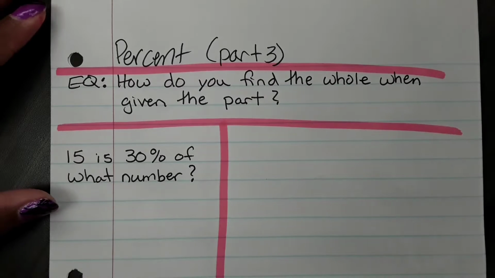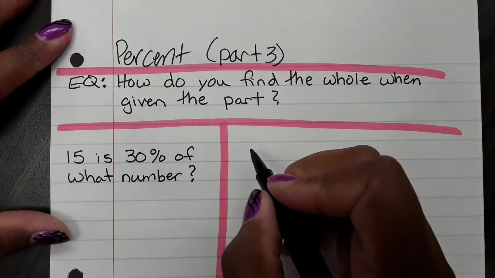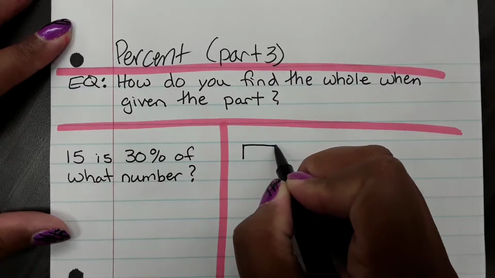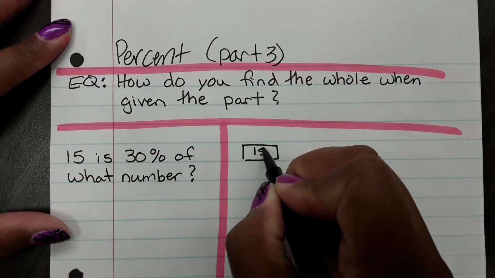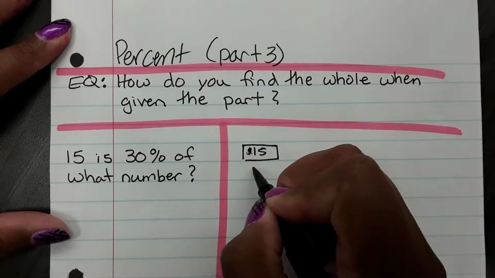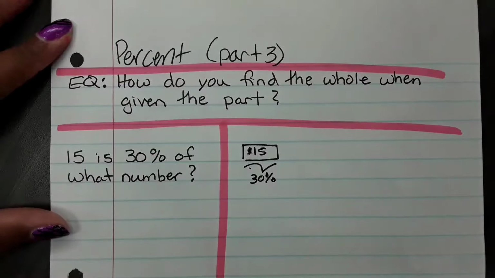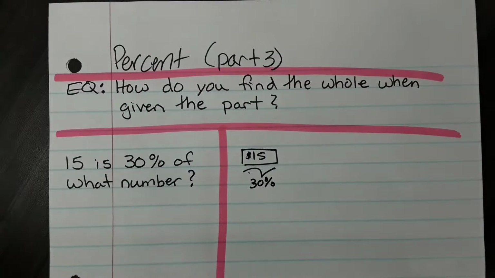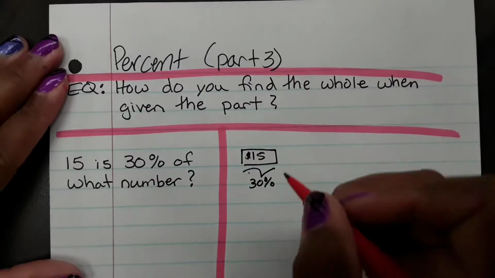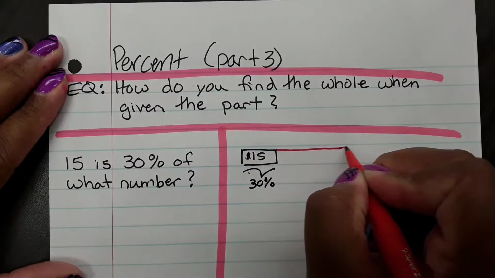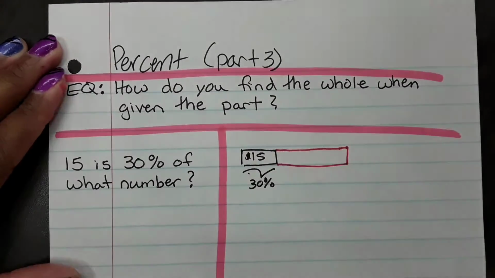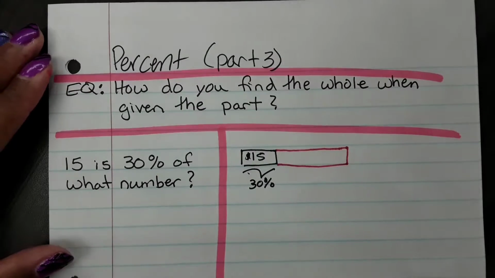So to draw a picture of this, we could use a bar diagram where I write $15, and this is going to represent the 30% that I'm borrowing from her. Our goal is to find out how much did she start with in total, including the 15% plus the remaining 70%.